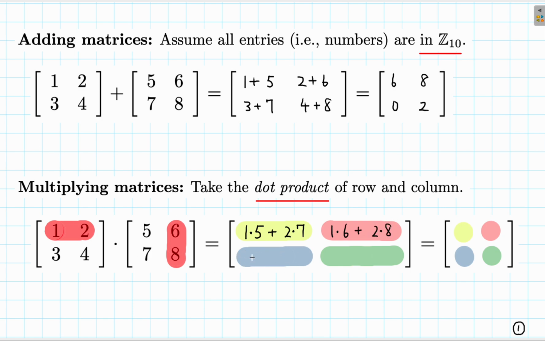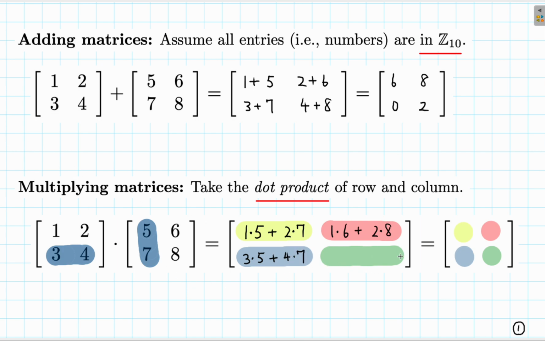Now let's go to the blue. So this is now second row, first column. So we go to our original pair and we go to second row, first column, and taking the dot product, that gives us 3 times 5 plus 4 times 7.